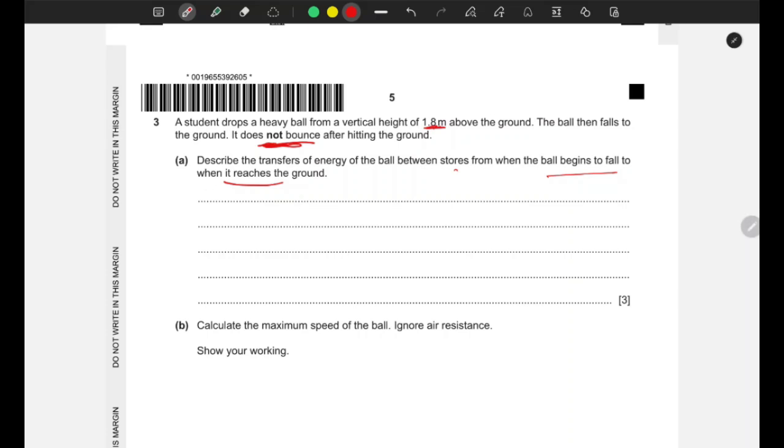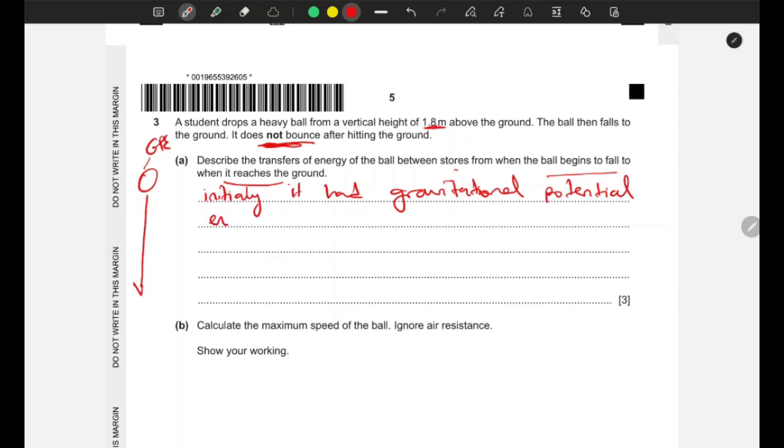So initially, when the ball was at a height, let's say it dropped, at this height it has gravitational potential energy. So initially, it had gravitational potential energy. And after that, once the ball is dropping down, it increases its kinetic energy.